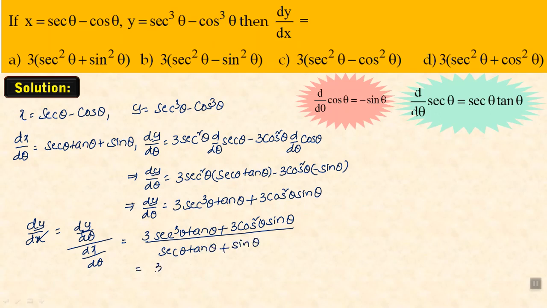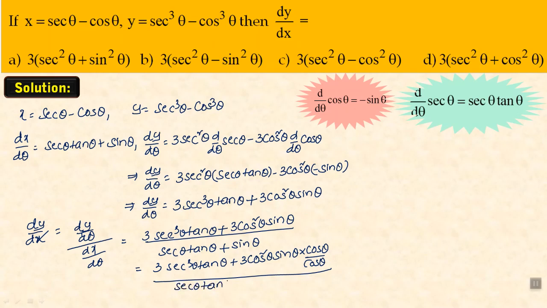This equals 3 into secant cubed theta into tan theta plus 3 into cos square theta into sin theta, divided by secant theta into tan theta plus sin theta.